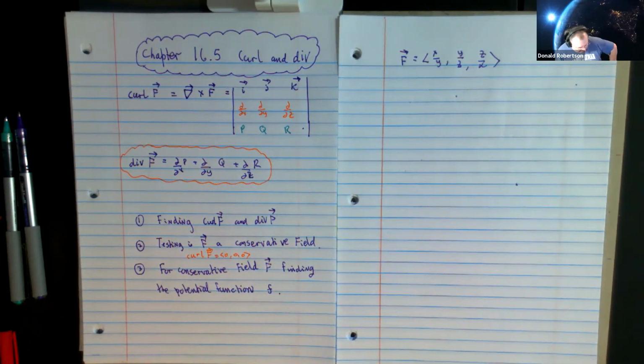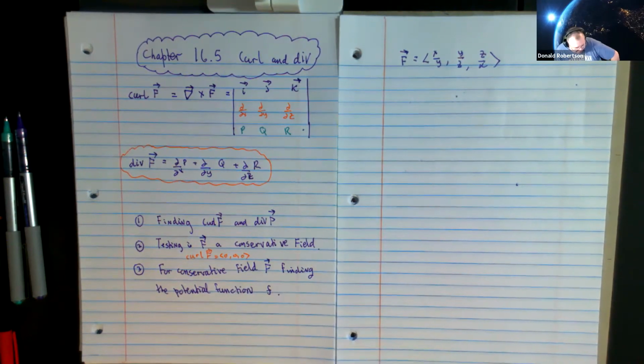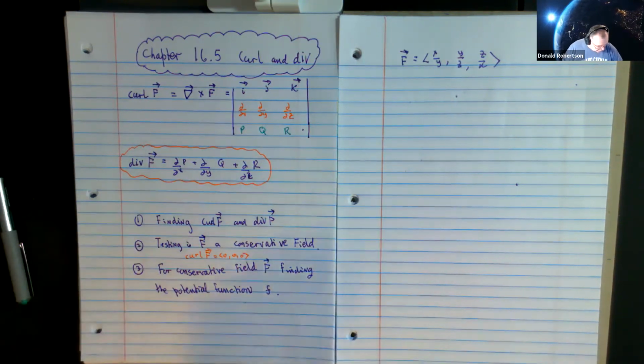And if that happens, it's conservative. And if it is conservative, we're going to get some more practice at getting the potential function. And then, although I don't have it here, I'm going to show you why that can be used for a line integral in 3D. So, are there any questions before we get started?